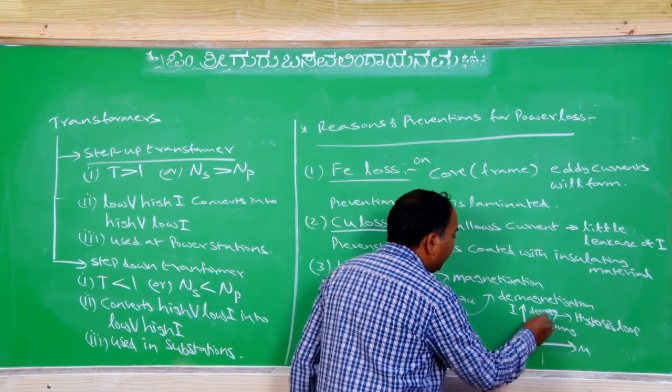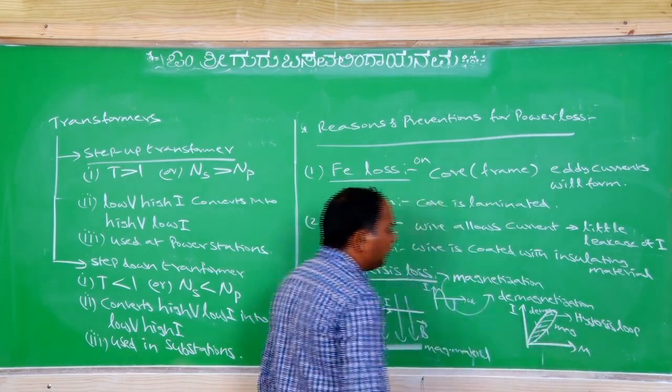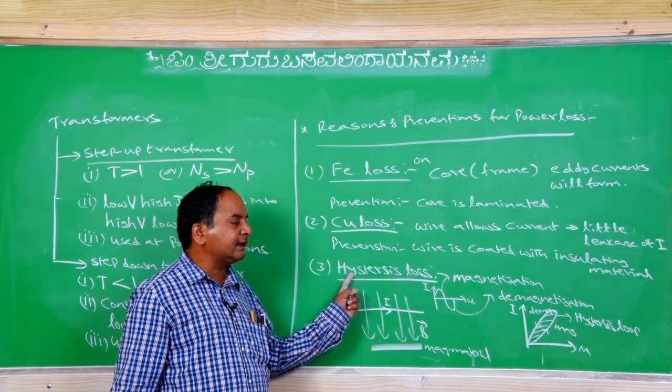The area occupied by this curve is said to be the hysteresis loss.